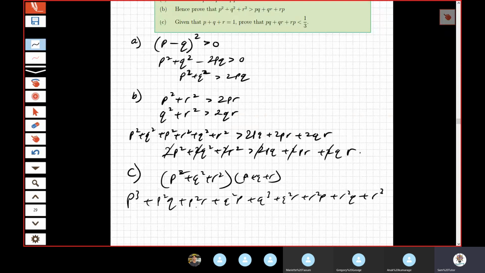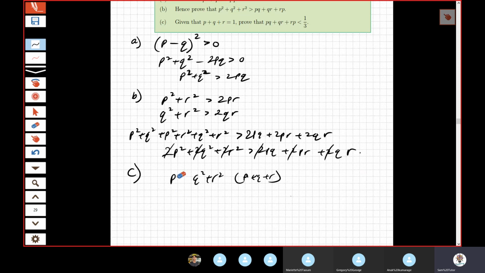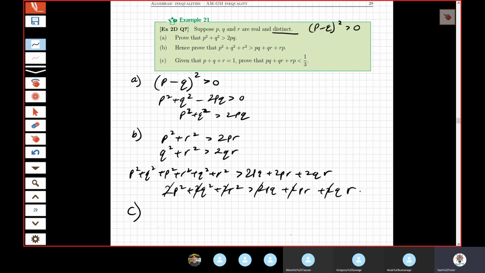Let's see it. No, it's right there. Hence prove this. Given that p plus q plus r is equal to 1, prove that it is less than a third.